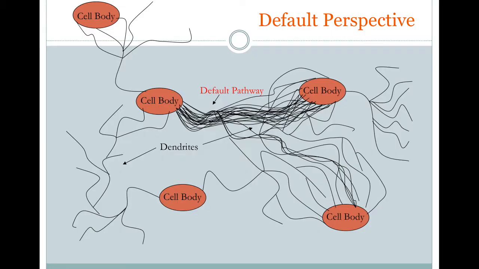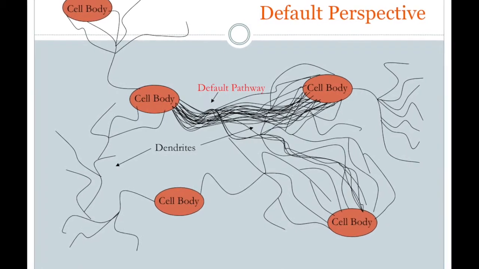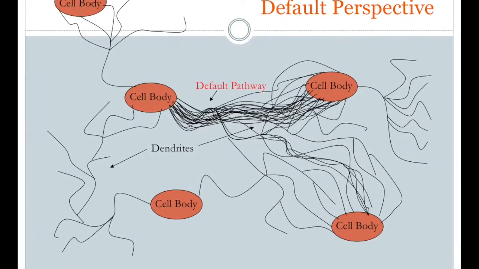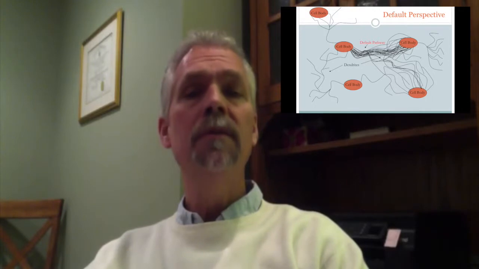Over time, this repeated thought pattern establishes a default pathway. I like to think of these individual thoughts as cognitive footprints that are forming this default pathway. So now we have a default perspective that practically ensures that we will continue to make poor food choices and or eat too much.